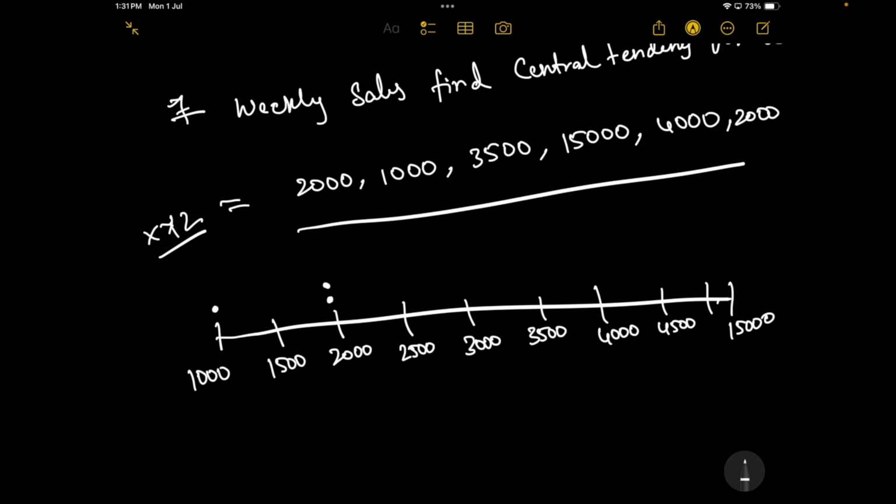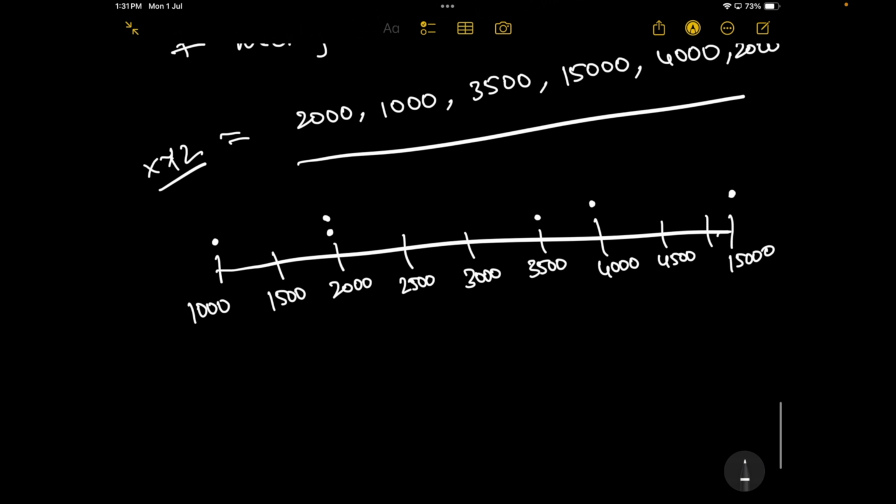Then 2500, no. 3000 rupees also not there. 3500 is there once. 4000 rupees once, and directly 15,000. So if you see, the central tendency would be in between, around this part.